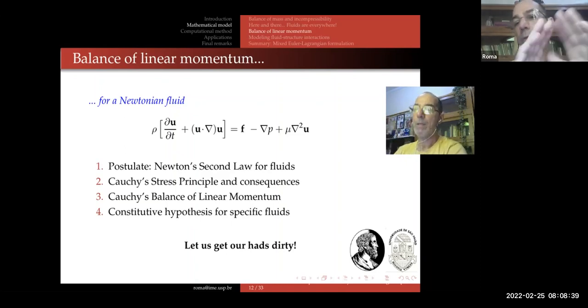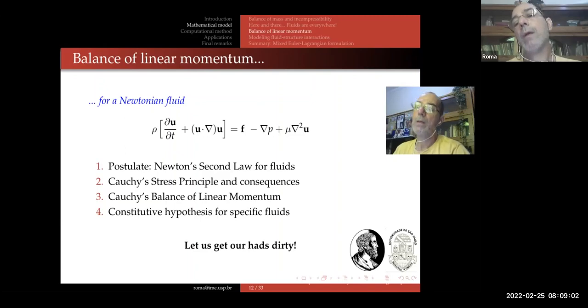Okay, so after that we arrived at the Cauchy form of the balance of linear momentum, and on top of this ice cream, our cherry was a series of statements made by Stokes when he was only 26 years old.